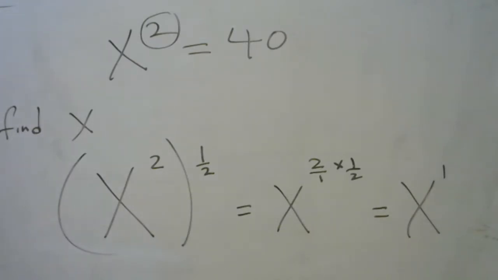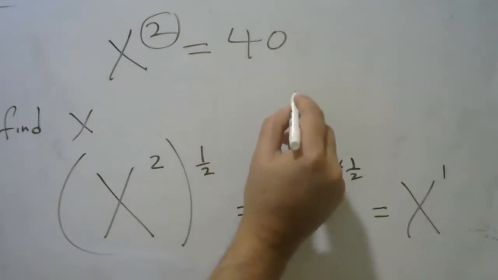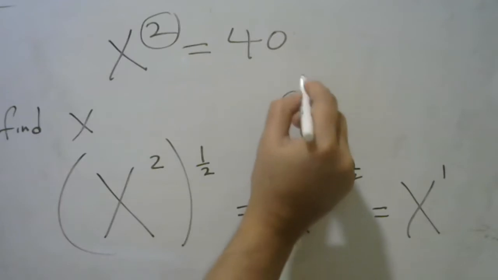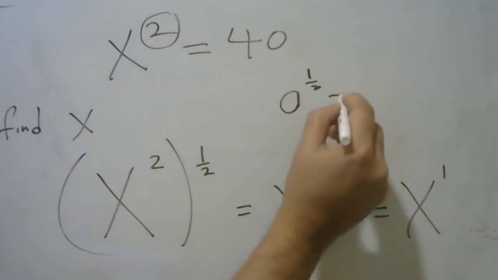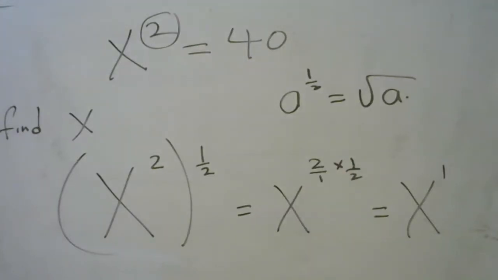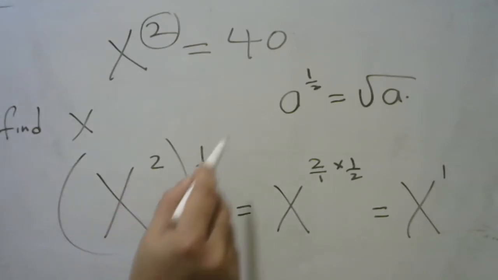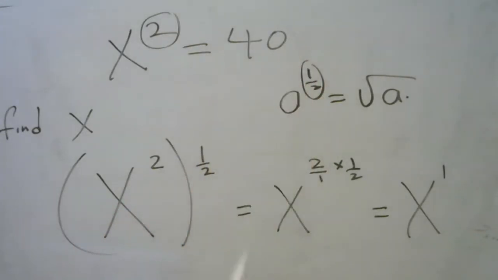Now you also know this. A to the half is equal to the square root of a. Right? So, this half is indicative of this root here.